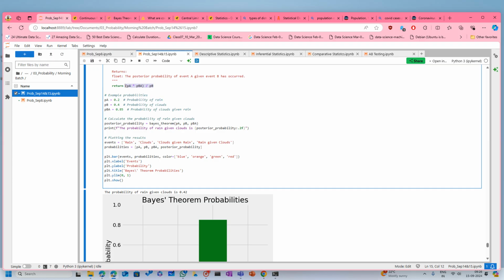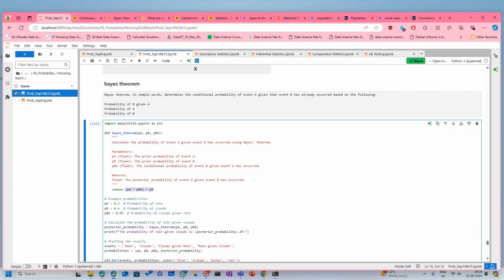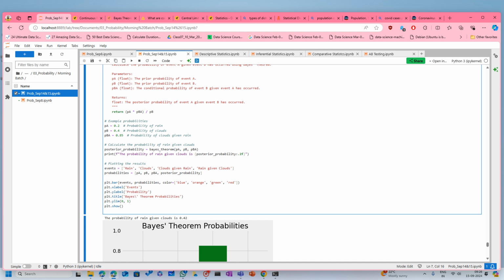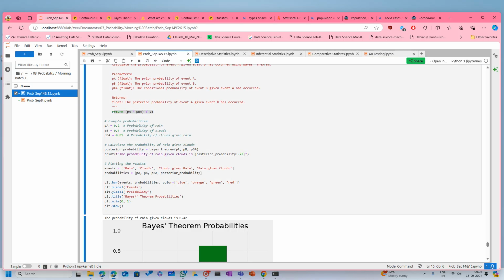How to calculate the probability for dependent events is given by Bayes theorem, wherein you calculate the probability of occurrence of event A given event B using this formula. We already saw that yesterday. The probability of A given B is given by the probability of B given A times the probability of A, divided by the probability of B. These are probabilities, not exact events, so you can calculate that.